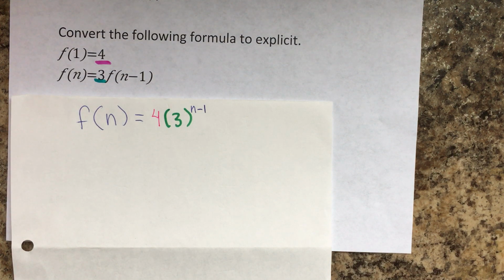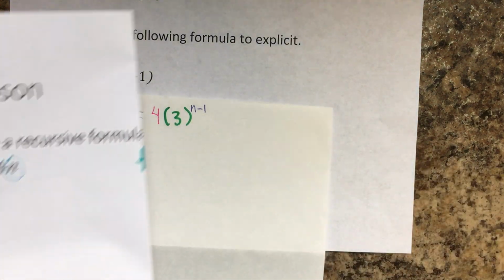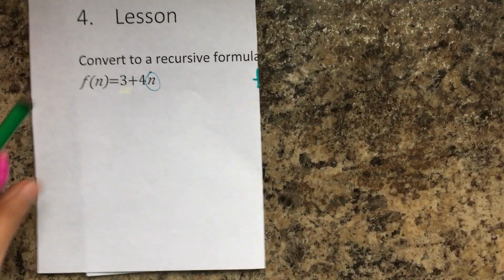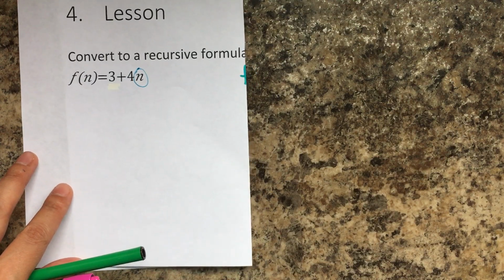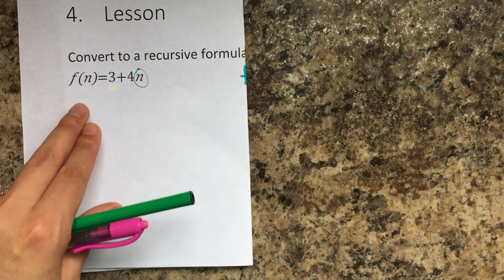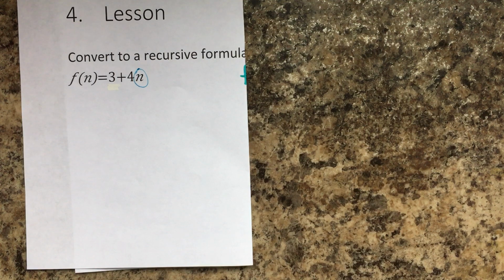Okay, one more. Let me put it in here. I kind of wrote on this one, so please ignore that circle in there. Convert to recursive formula from the explicit. So now it's the other way around.